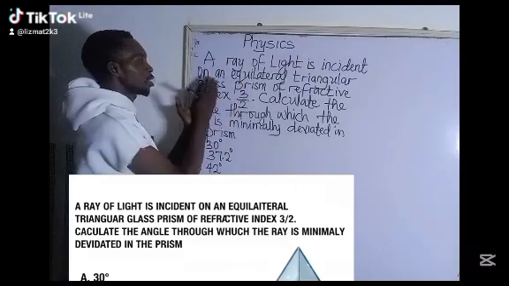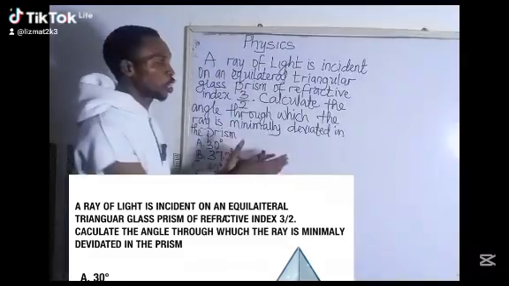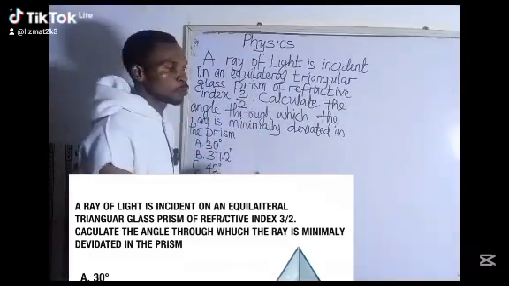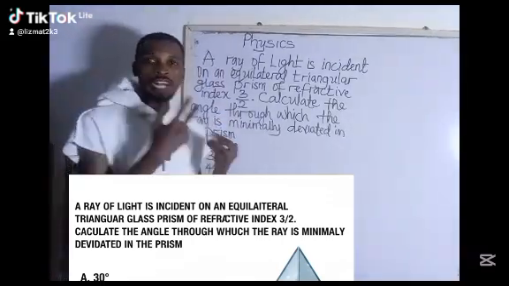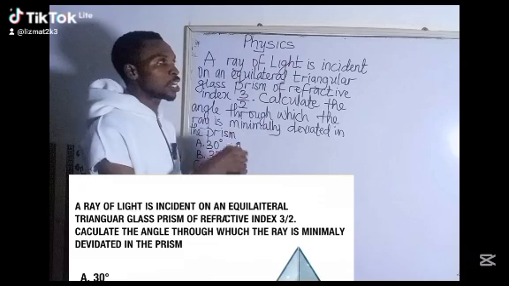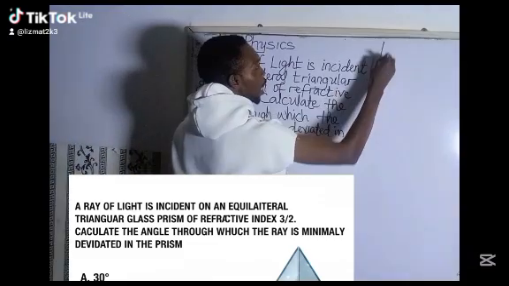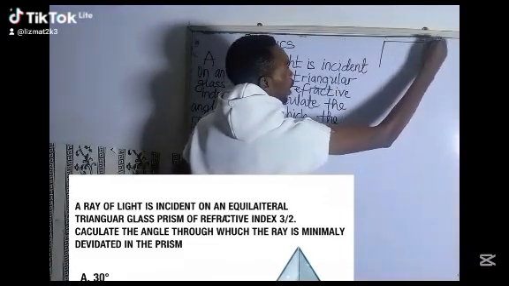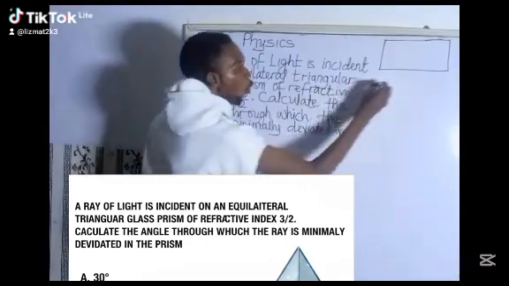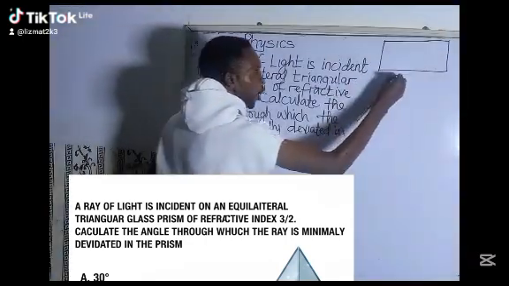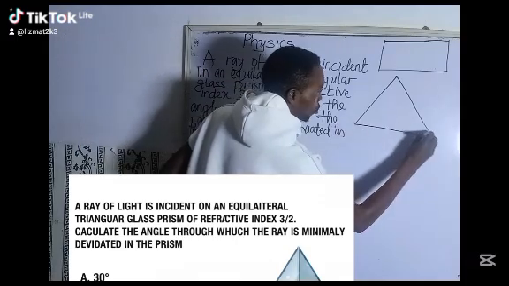A ray of light is incident on an equilateral triangular glass prism. So, in physics, when we talk about refraction of light through a prism, we normally use two prisms. Either we use the rectangular block, or the rectangular glass prism, or we make use of the triangular glass prism.